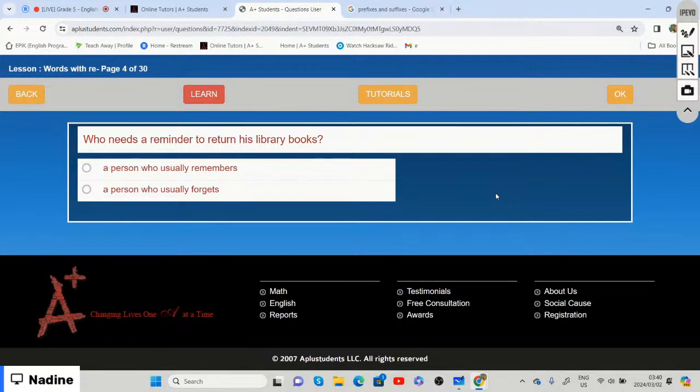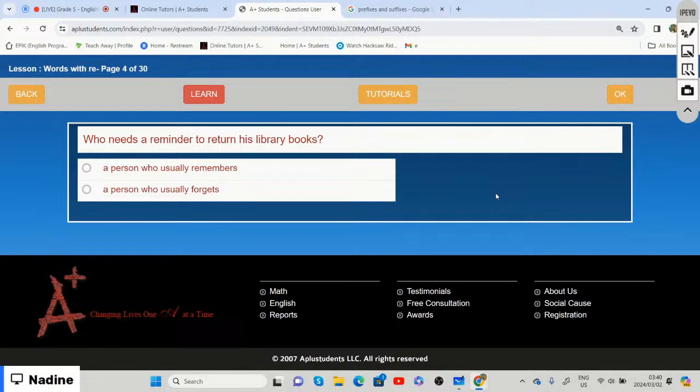Who needs a reminder to return his library books? So who needs to have a reminder to return his or her library books?